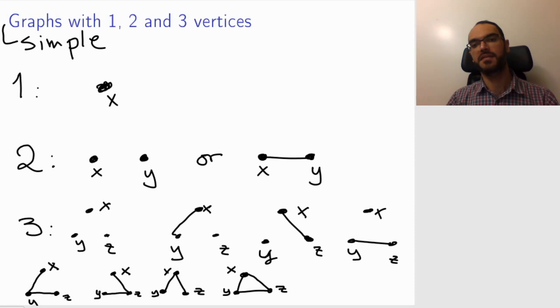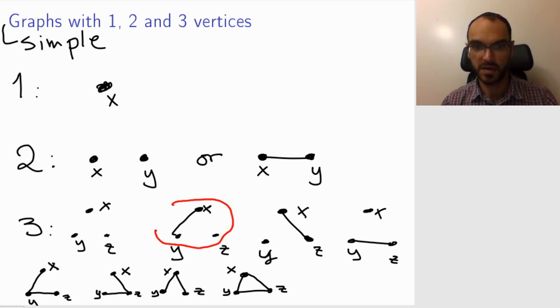Now let us take a closer look at some of the features of these simple graphs. In particular, let us look at this graph. So this is one graph, but it looks like it consists of two pieces that sit next to each other.